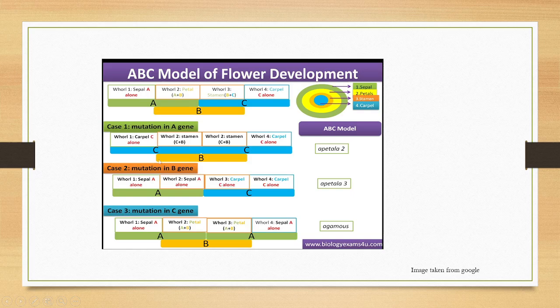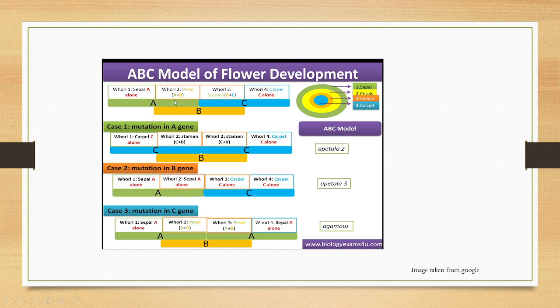Is it fine? Now, if there is a mutation in the A gene, another thing to remember is that A and C are equally dominant.